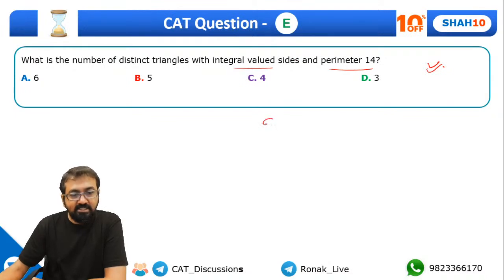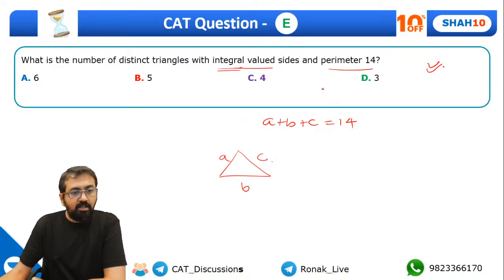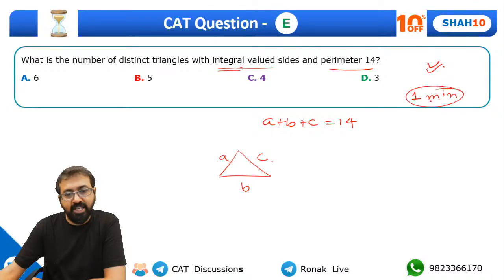Please understand, the sum of three sides is given as 14 and we need to take only integral value sides. So how many different triangles can I form? This is A, this is B, this is C. Quickly solve it and type it in the chat box. I think 1 minute is what you should take, and you will have to use some number property as well.